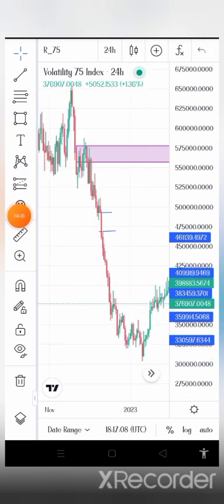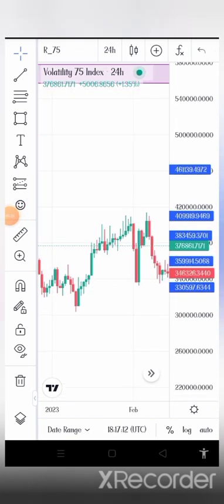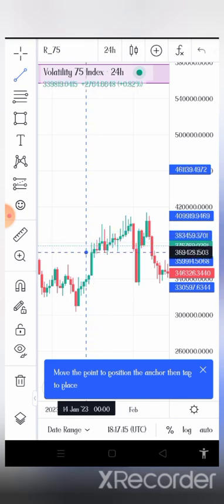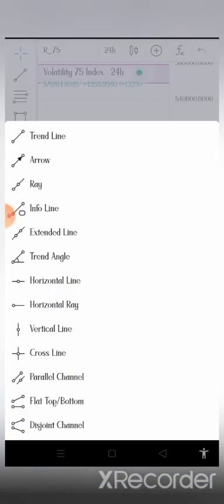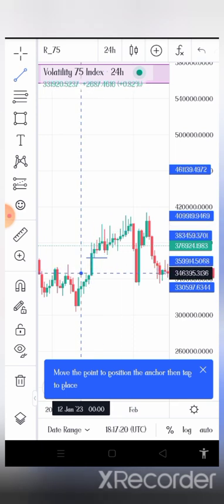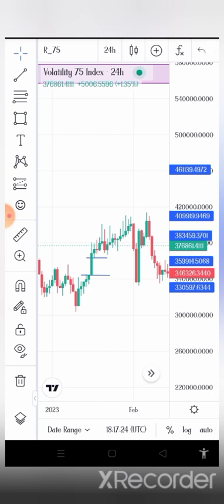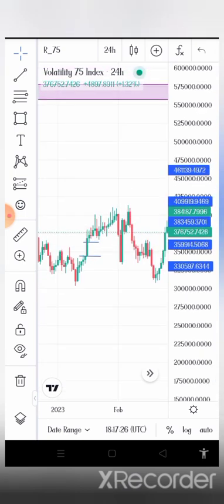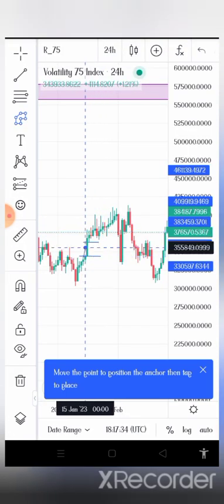The same applies for an uptrend. This is what it looks like. So this is a buy side imbalance, sell side inefficiency, and as you can see here, it was filled up. Look, when price went up, it created this imbalance.